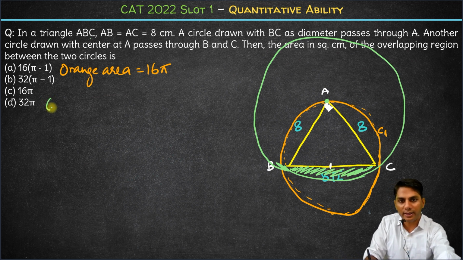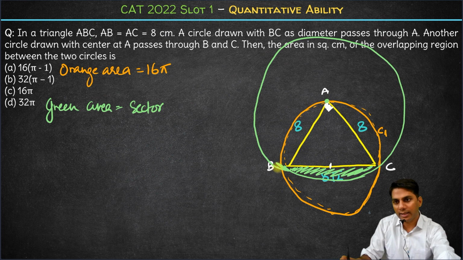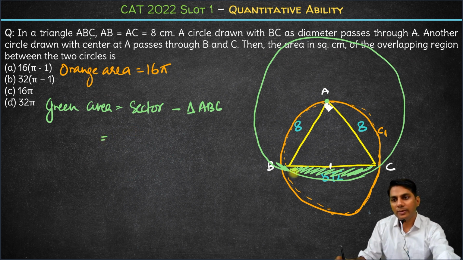So the green area is the area of the sector ABC minus the area of the triangle ABC. Now what is going to be the area of the sector? The sector makes an angle of 90 degree at the center. So it will be theta by 360, that is 90 by 360 into pi r square. Now what is the radius of this bigger circle? The radius is 8.